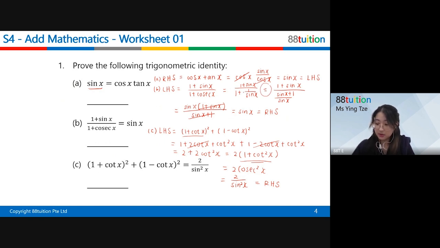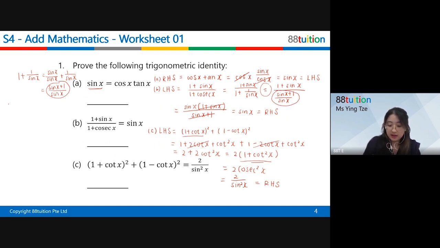So what I did here was the denominator, I made it into one fraction. So 1 plus 1 over sine x is the same thing as sine x over sine x plus 1 over sine x, right? And then because now they have the same denominator, I can add them to combine into one fraction. So that's why this is the new denominator.